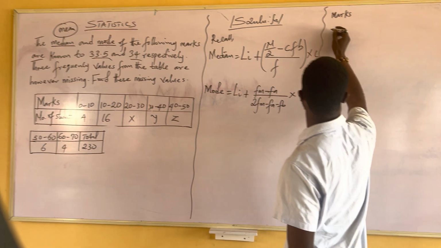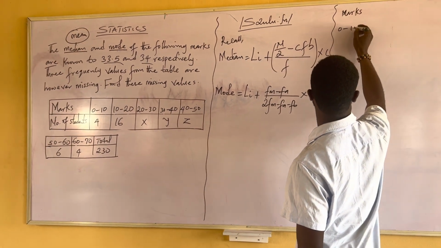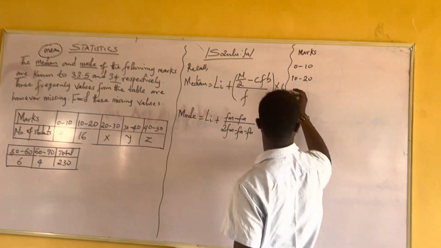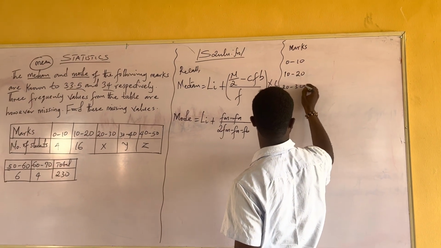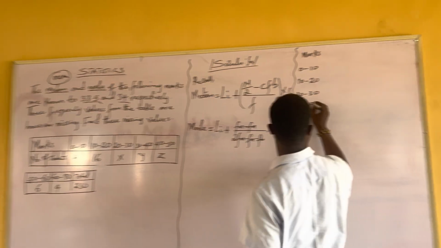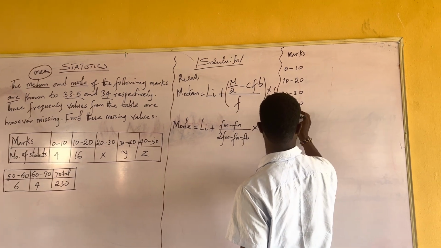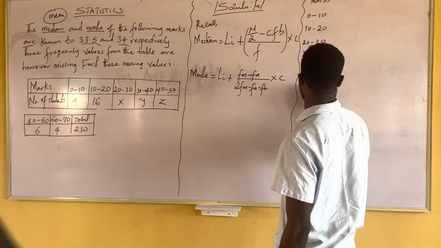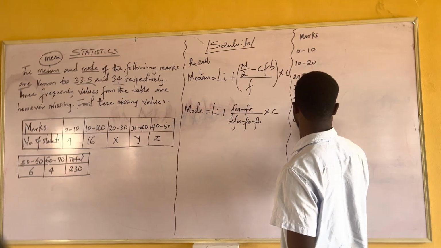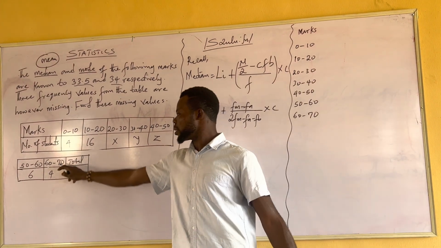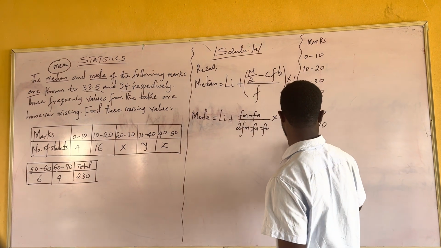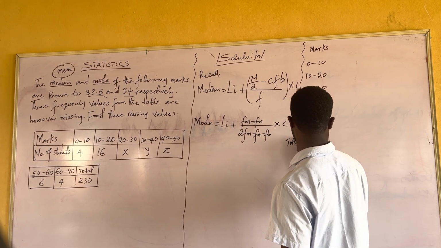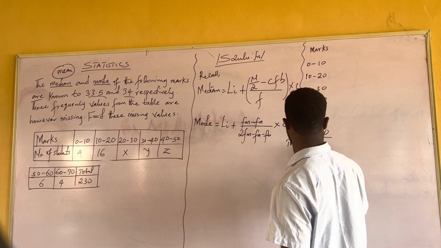We have from 0 to 10, from 10 to 20, from 20 to 30, 30 to 40, 40 to 50, 50 to 60, 60 to 70. And that's the end. Then we are given the total, which is given as 230.